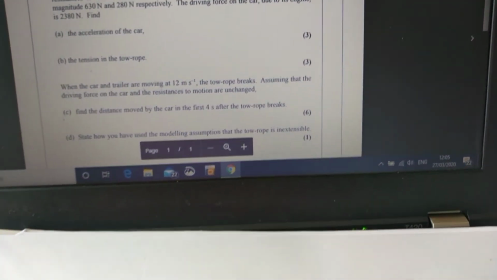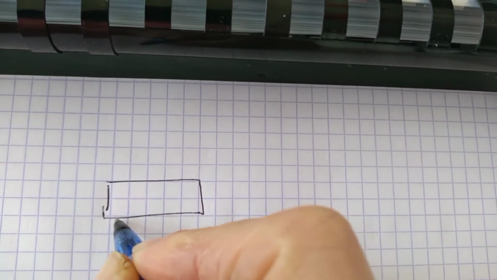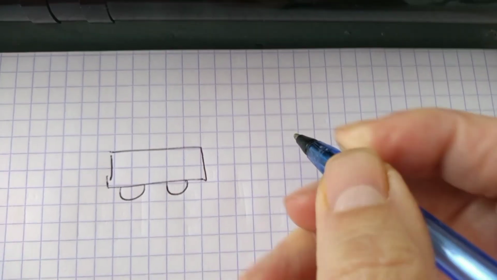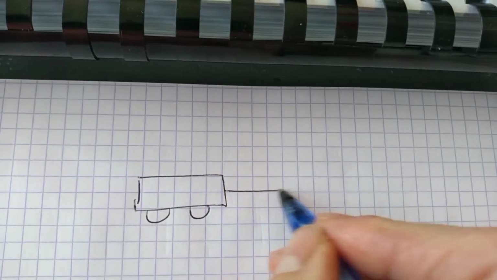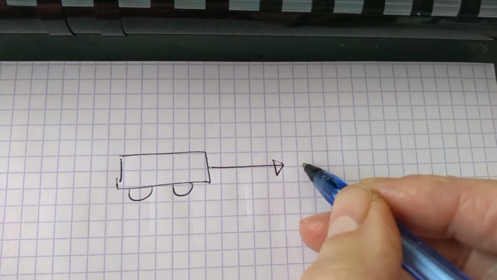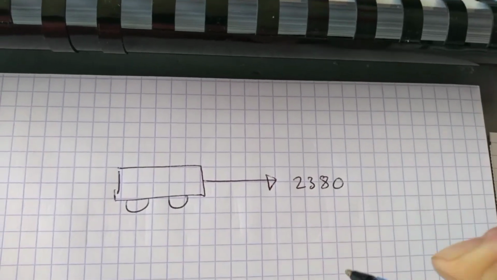So I'm going to redraw my car, which is now whizzing down, but they haven't actually noticed that the trailer's popped off, and so it's still driving at the same speed. I suppose for 4 seconds you might not notice.